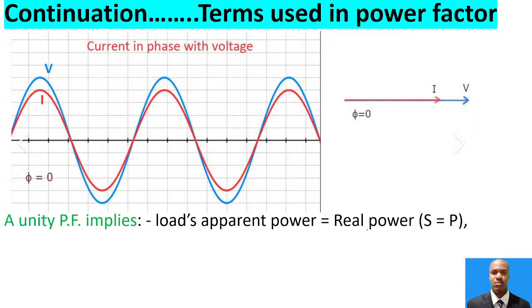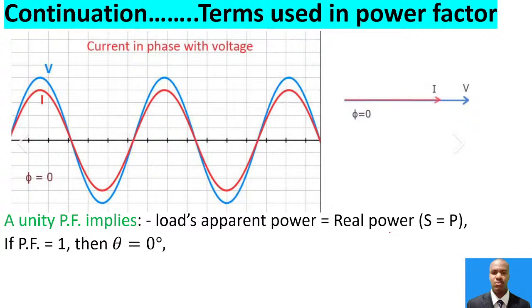So therefore it implies that there is no reactive power. There is no wastage of power that is rotating or oscillating from the source to the load. So all the power is being consumed, and that's why we are saying that the load apparent power is equal to the real power.